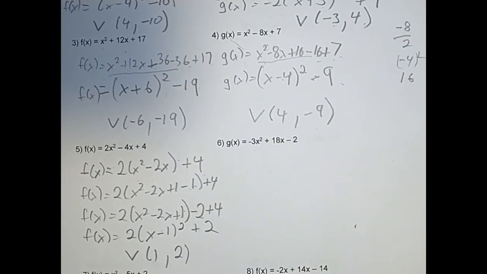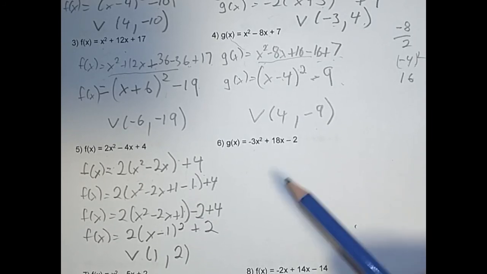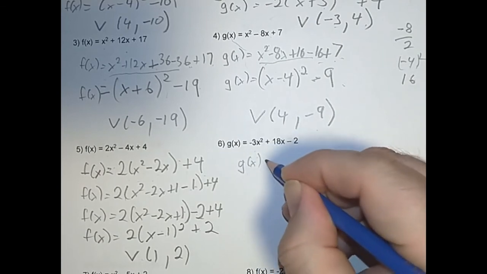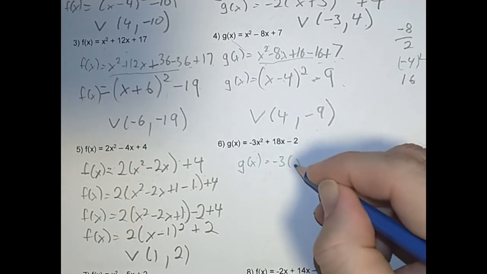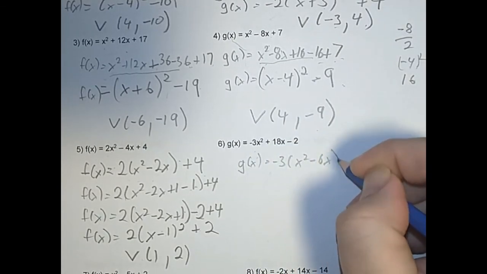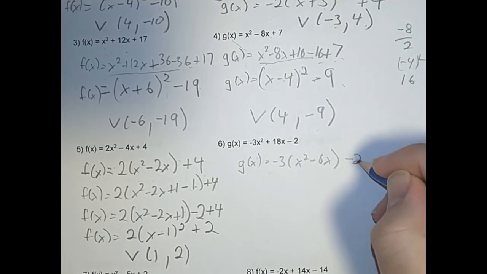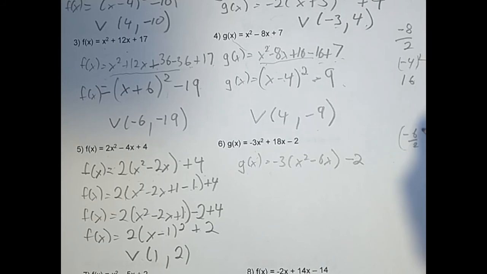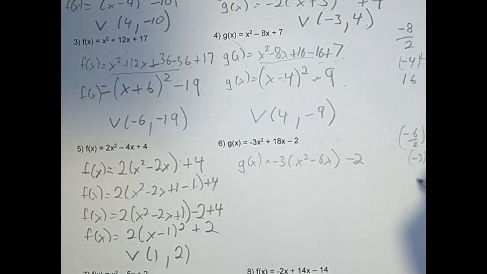Okay, next one here. Let's do the next one. So here we're going to take out a negative 3 from the first two. So we get g of x is negative 3 times x squared minus 6x, minus 2. Then you take the negative 6 divided by 2, squared. So that's negative 3 squared, 9.